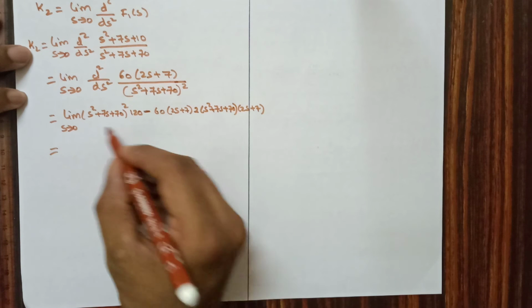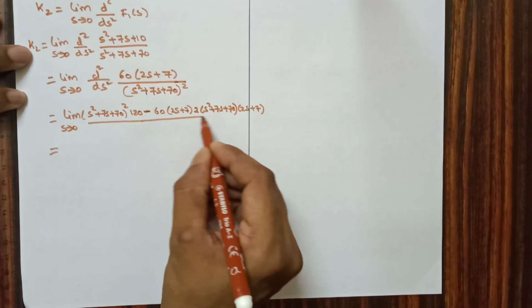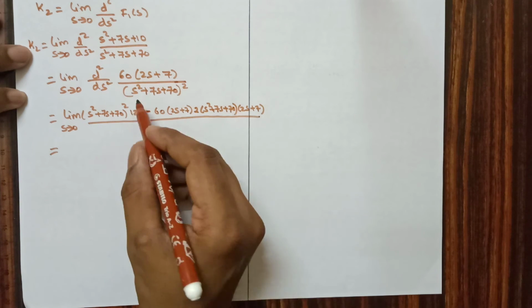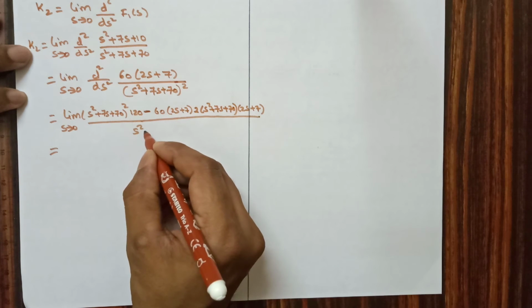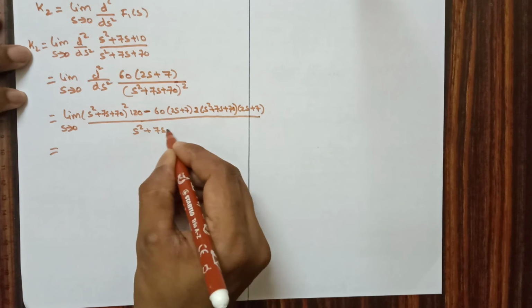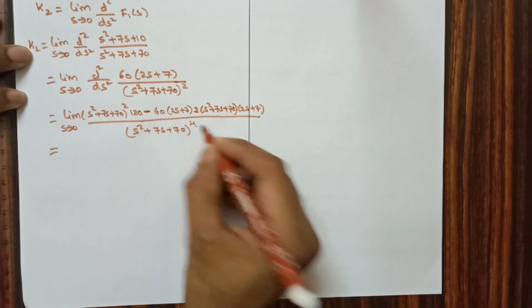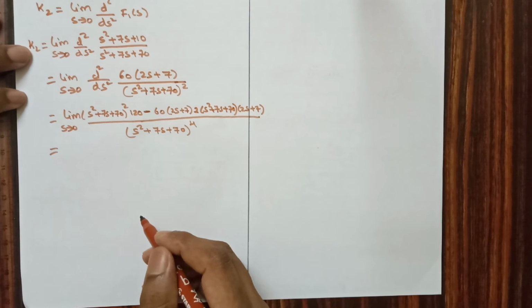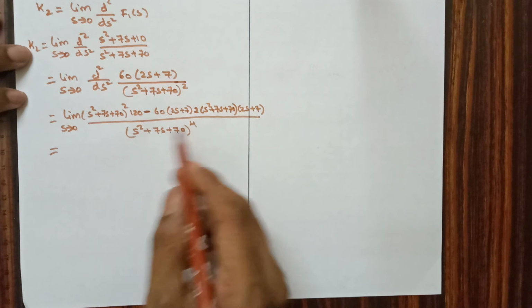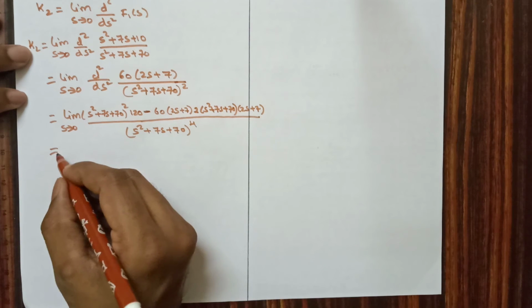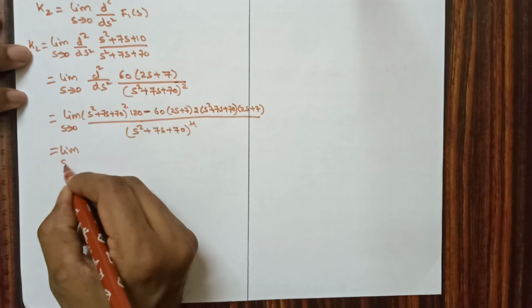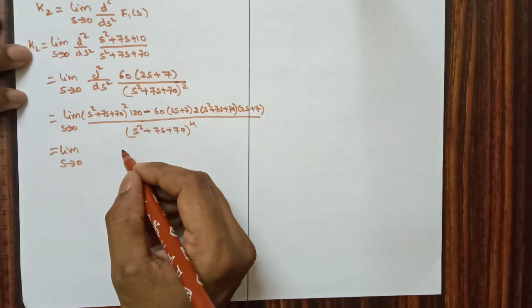So in the denominator we are having s square plus 7s plus 70 power 4. Now in this we'll get further by simplifying, limit s tends to 0.